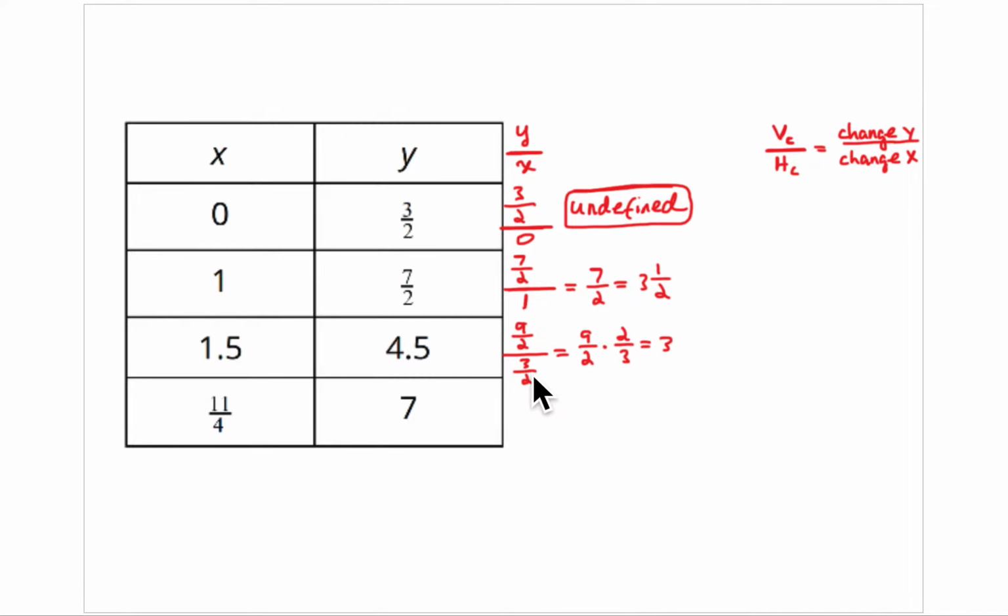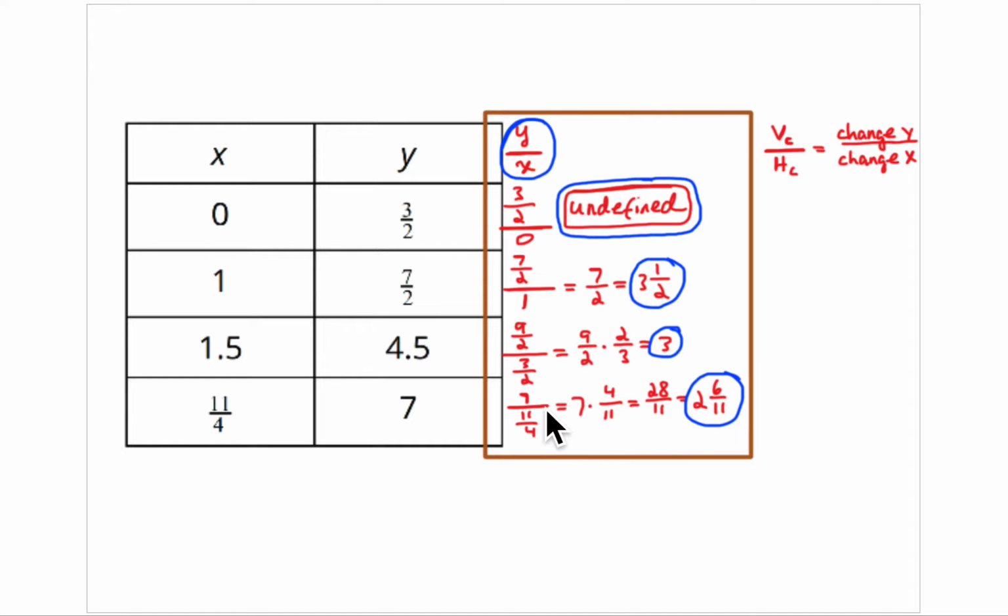That's the multiplicative inverse. These 2's cancel. 9 divided by 3 is 3. And finally, 7 divided by 11/4 is the same as 7 times the multiplicative inverse, which is 28/11. Well, 28/11 is 2. That's 22/11 plus 6/11 left over.